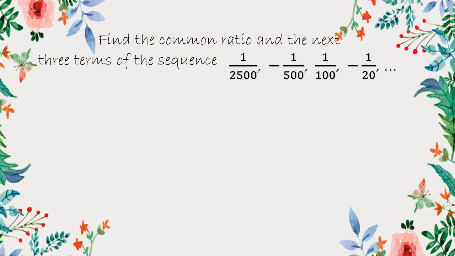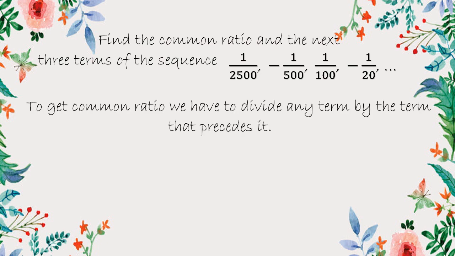Okay, let's have some practice problems. Find the common ratio and the next three terms of the sequence 1 over 2,500, negative 1 over 500, 1 over 100, and negative 1 over 20. So to get the common ratio, we have to divide any term by the term that precedes it.